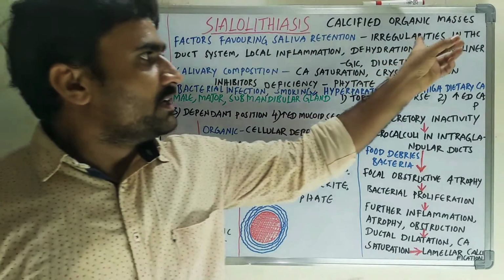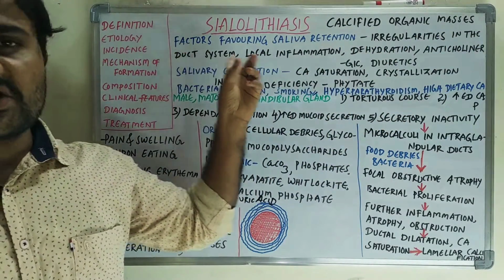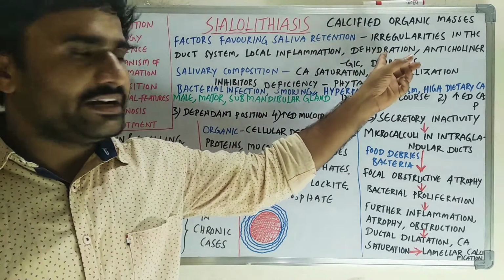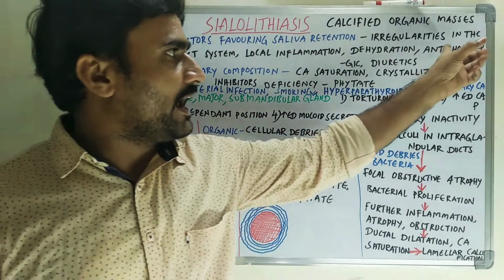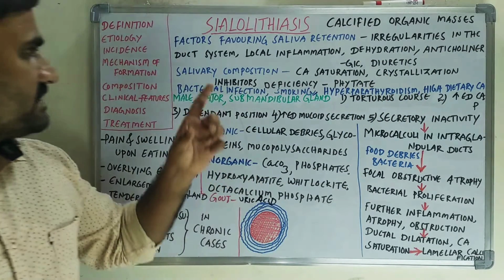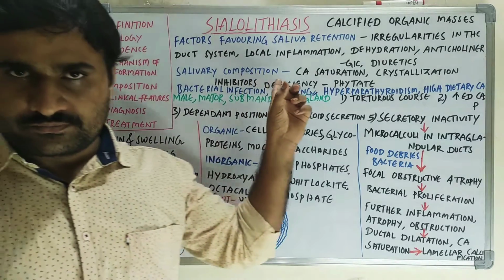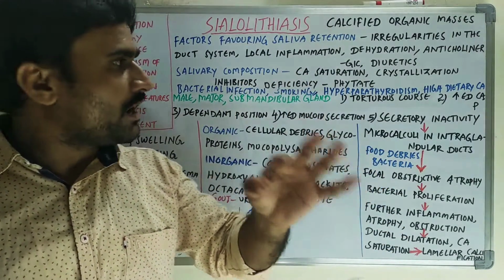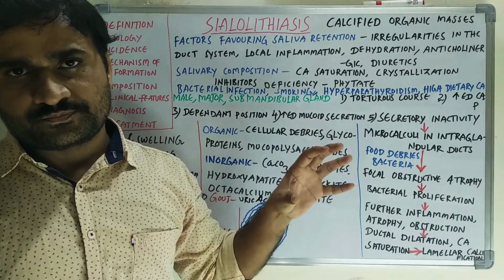retention, like irregularities in the duct system, and local inflammation, dehydration, and drugs like anticholinergics and diuretics, right? And the second factor is salivary composition. If there is calcium saturation, that is, levels of calcium are high in the saliva.